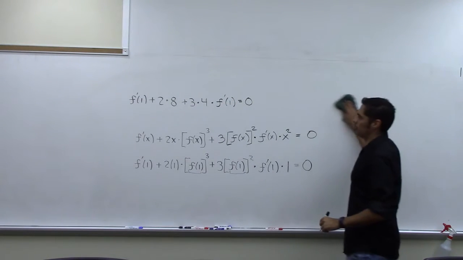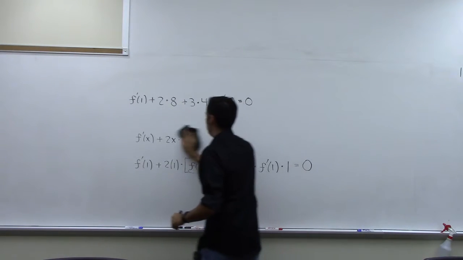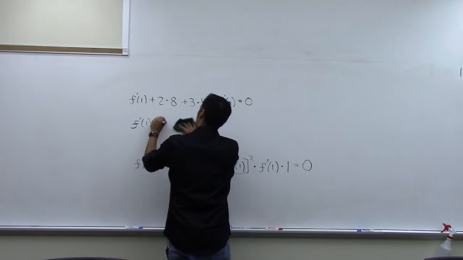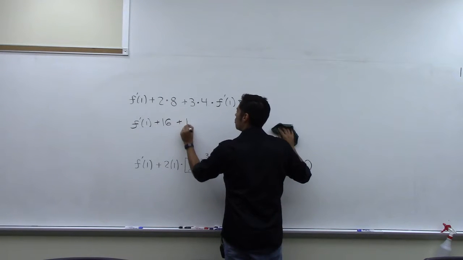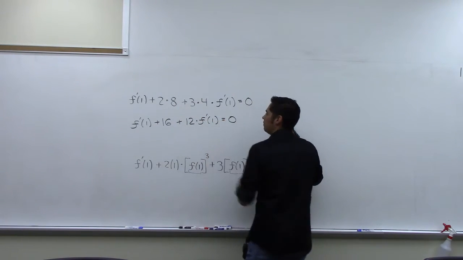So let me clean that up a little bit. This is going to be f prime of 1 plus 16 plus, now just multiply 3 times 4, 12 times f prime of 1 must equal 0.